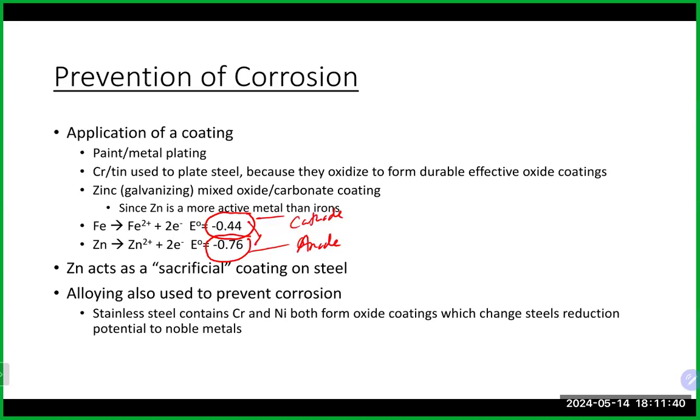So zinc acts as a sacrificial metal to protect the iron, and all the oxidation occurs on the zinc. Alloying also prevents corrosion. You could add other elements, which will change the SRP potential to more of a noble situation, which again will prevent a significant amount of corrosion.